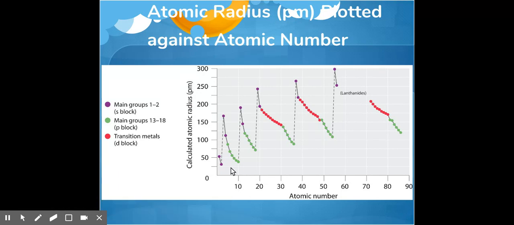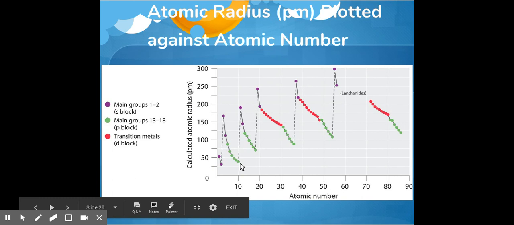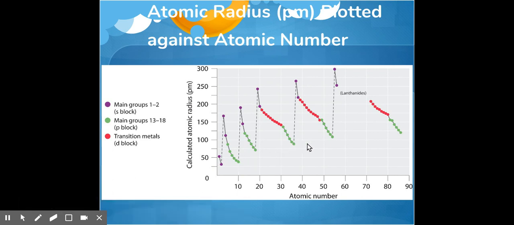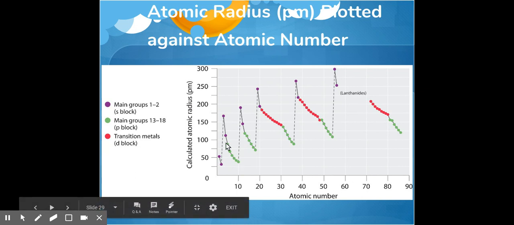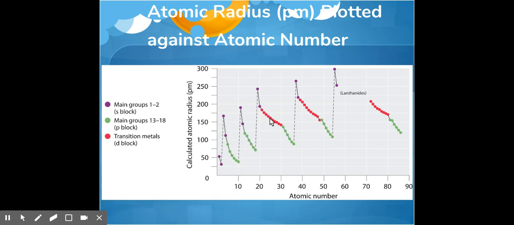So we're looking at the noble gases, which are group 18. Here's helium, neon, argon, krypton, xenon, etc. If that's the end of each period, that would mean that this right here would be period 2, this right here would be period 3, period 4, and so on.